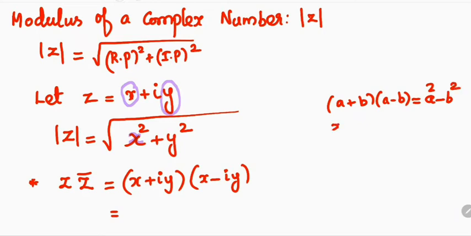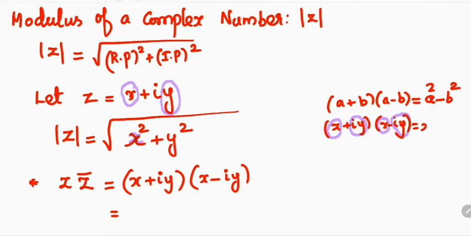So here x plus iy into x minus iy we have to multiply. In the place of a you are having x. In the place of b you are having iy. Then only we can say a plus b, a minus b. So in between you are having minus. So in the place of a, what you have to write?